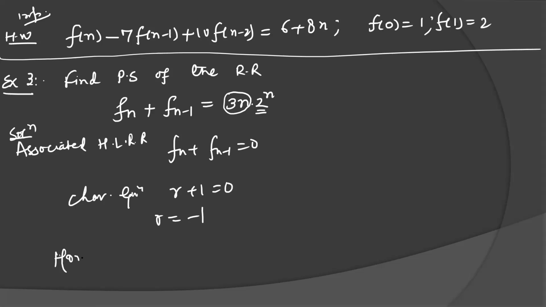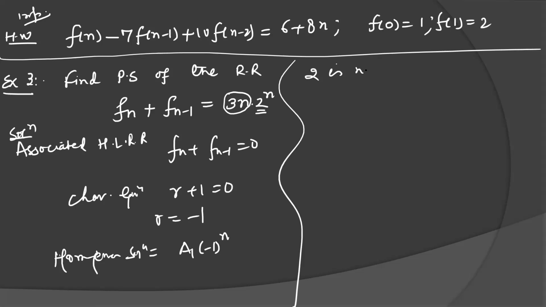So homogeneous solution is a1 into minus 1 to the power n. So we can see that 2 is not a root of the characteristic equation. If 2 is a root of the characteristic equation, we will go to case 3. So here the particular solution will be, now 2 to the power n will be multiplied.